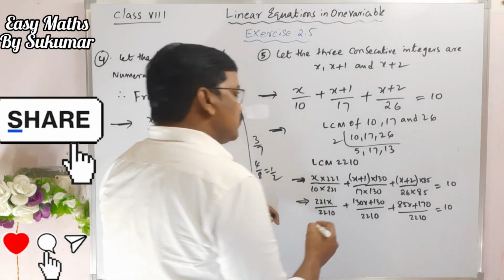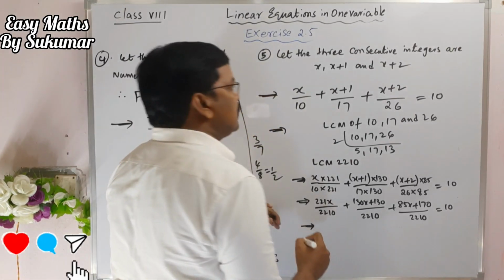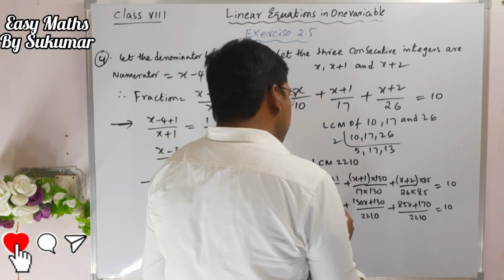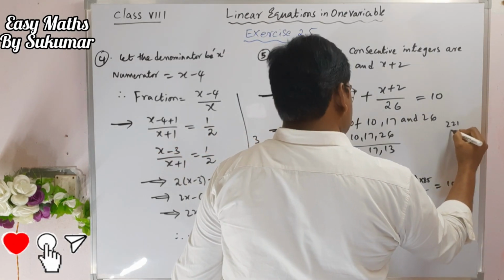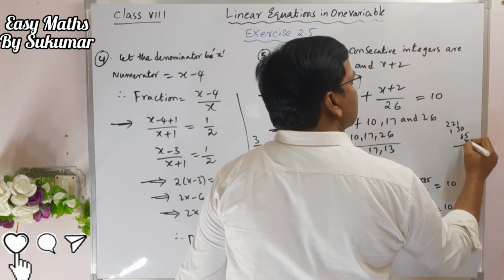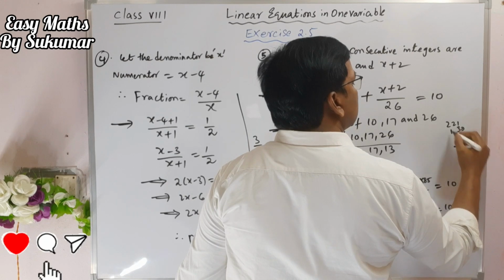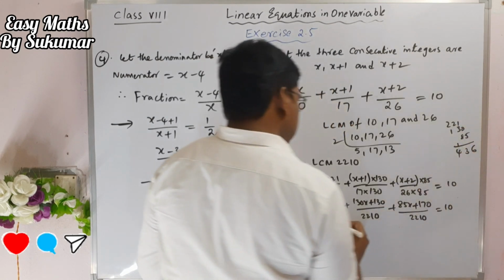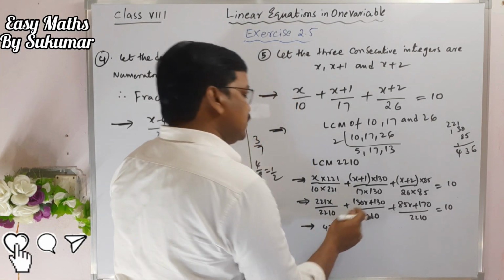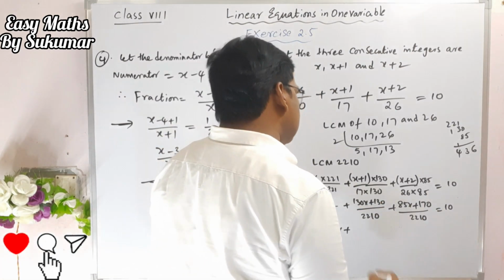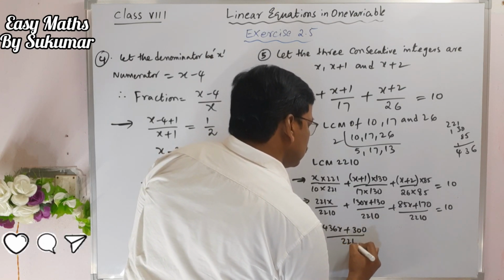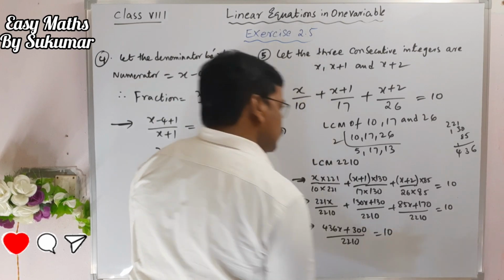Now this implies 221x plus 130x plus 85x, just add: 221 plus 130 plus 85 is 436. So the sum is 436x plus, now 130 plus 170 is 300, so 436x plus 300 by 2210 is equal to 10.